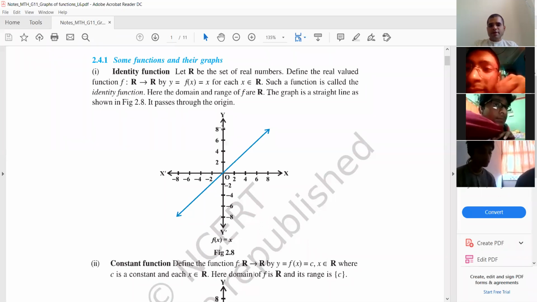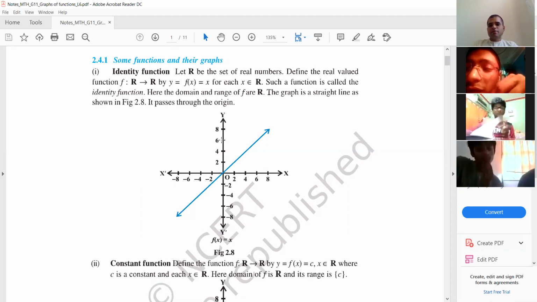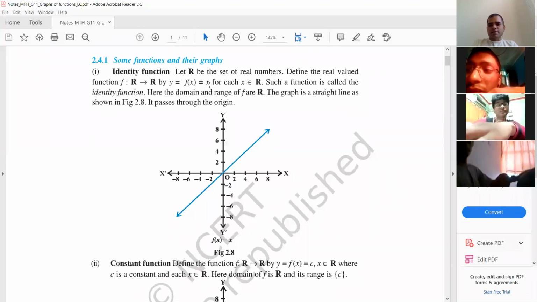What is the meaning of f(x)? f(x) means the value of the function at point x. Correct? So here the function is f(x) = x. What will be the value of the function at any point x?